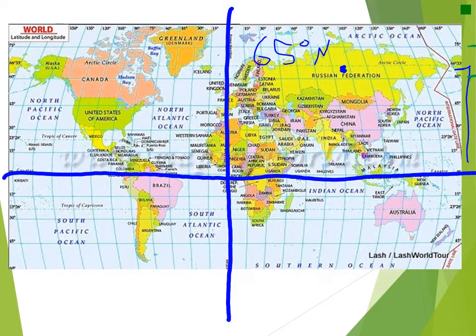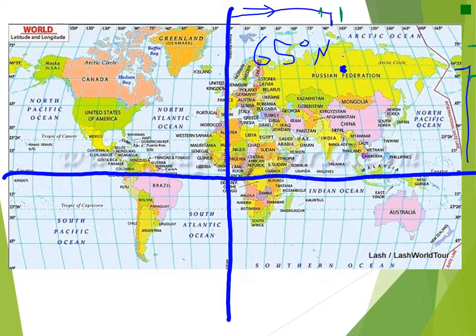Now we need to figure out the longitude, which as you move right, the values are going to go up. So let's start at the prime meridian and move out, out, out, out. It looks like if we drew a line, this dot would be just about right up here. This one, if you can't see it because it's a little blurry, is going to be 90, and this one is going to be 105.